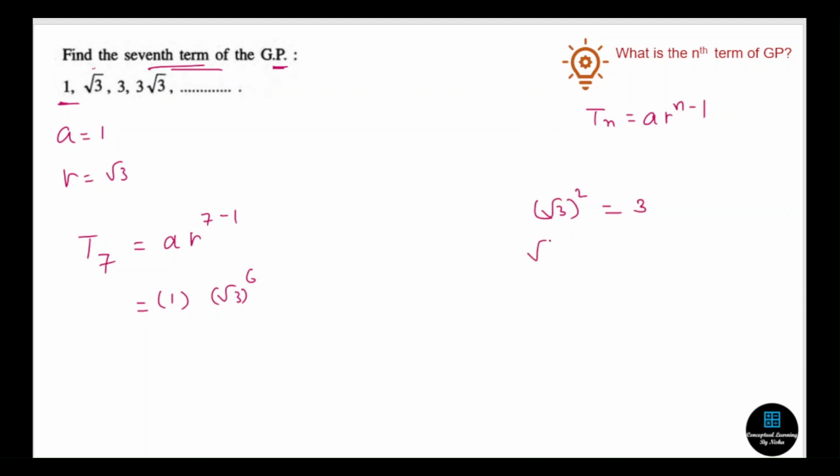And when I say square root of 3 to the power 2 and to the power 3, because here it is power 6, so 6 is 3 times 2, right? I can apply the exponent rules. So this is 3 square and 3 square is, 3 cube and 3 cube is 27. So I can write this as 27. So the seventh term of the GP is 27.